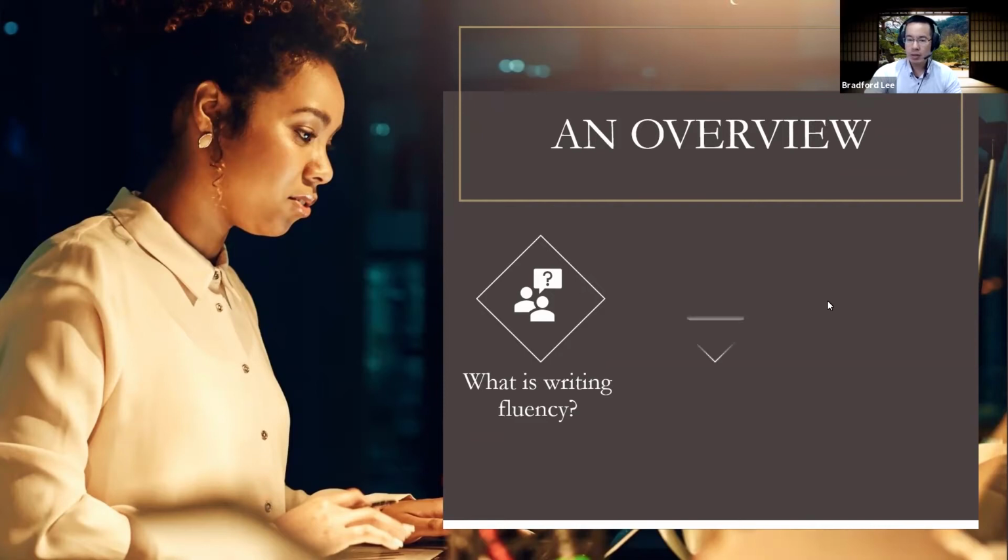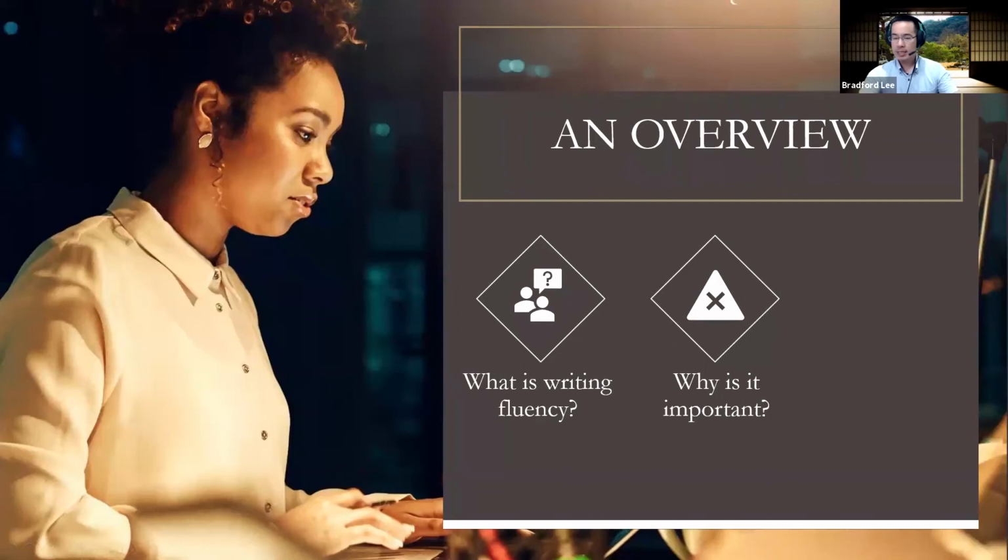With regards to why writing fluency is an important area of research, it's been shown that the physical act of writing is entirely distinct from the cognitive aspects. In other words, the two skills are working independently of one another. And so the more that a person is able to automatize the physical processes of writing, the more cognitive resources will be available to them for the composing part of the writing process.